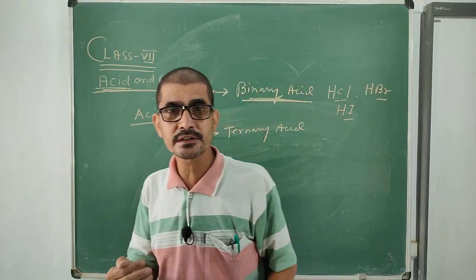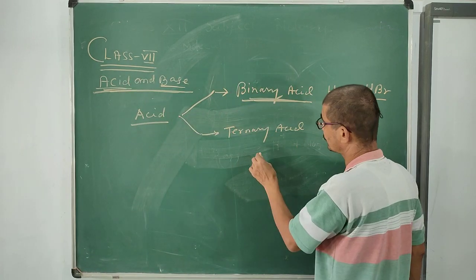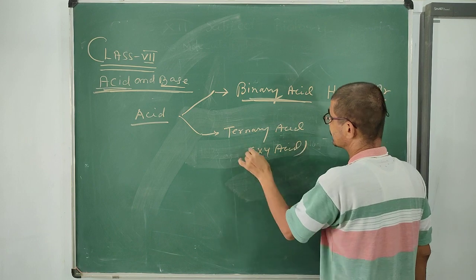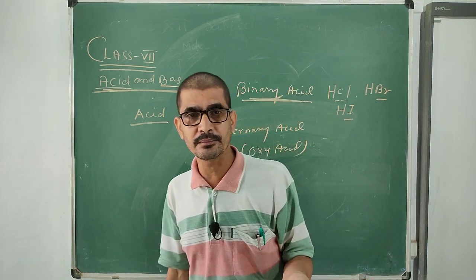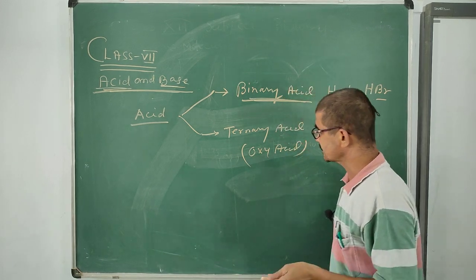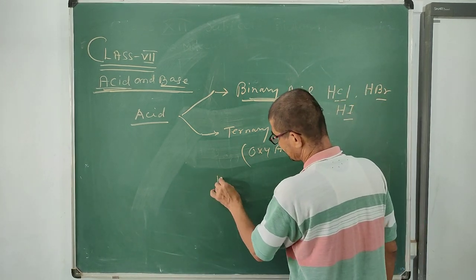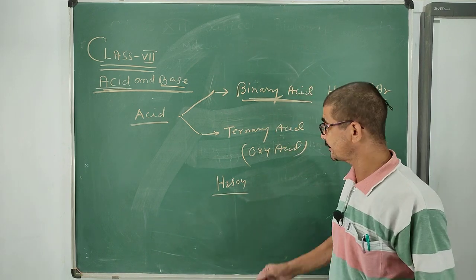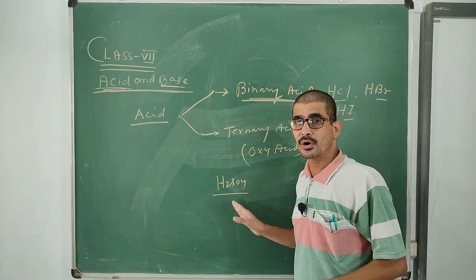But as far as ternary acid is concerned, it is also known as oxy acid. It consists of three different types of elements, such as sulfuric acid. Sulfuric acid is called a ternary acid because it consists of three different elements: hydrogen, sulfur and oxygen.